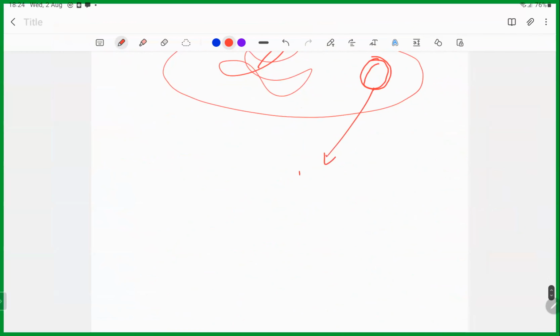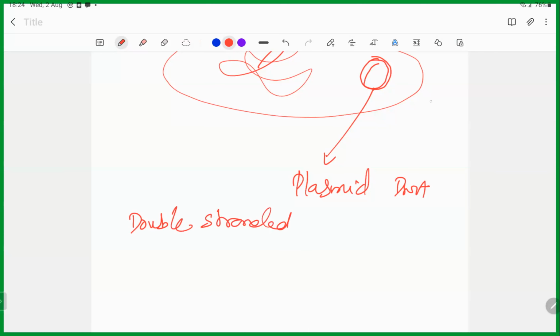They are called what? Plasmid DNA. How can you define plasmids? They are double stranded. You can see two rows, 1, 2. That's double stranded. Circular.